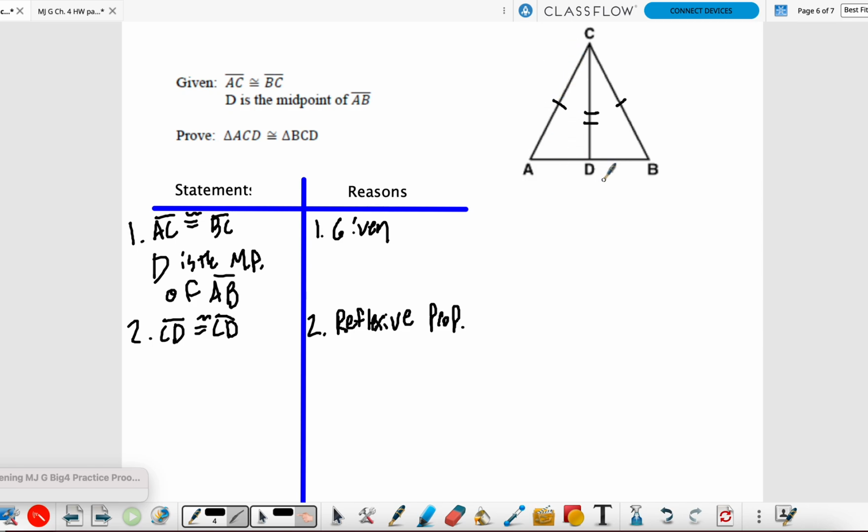So if we ignored the entire top, oh my gosh, that is so bad. Still not ideal, but I think we get it. This is A, this is B, and this is D, just focusing on that. If D is the midpoint, what that does is that means that AD and DB have to be the same. So for our picture, I'll do a little triple tick mark, and we can say that AD is congruent to DB.